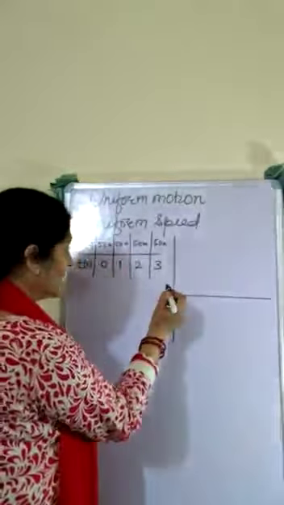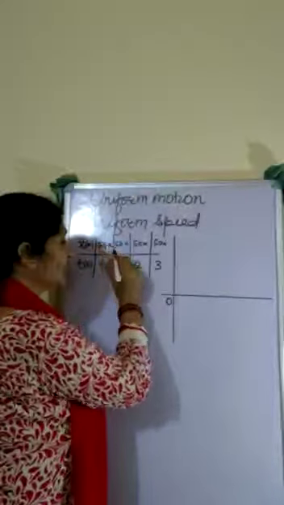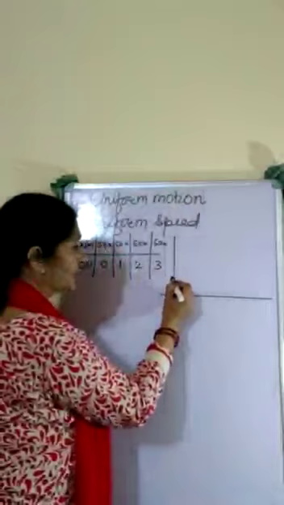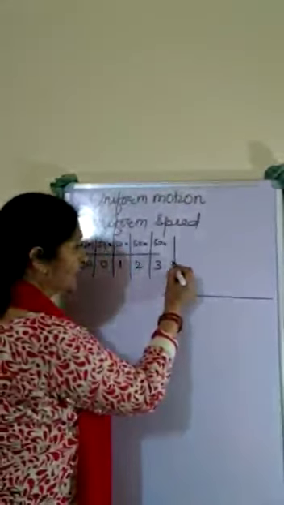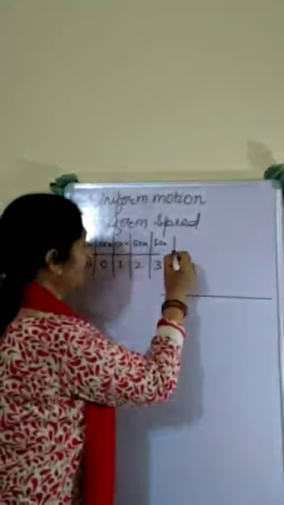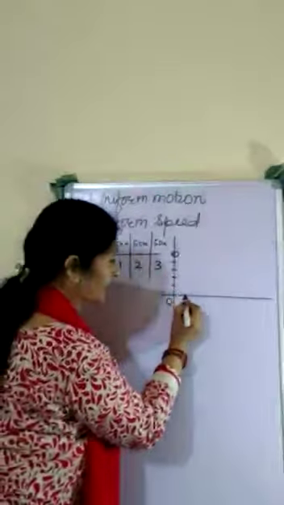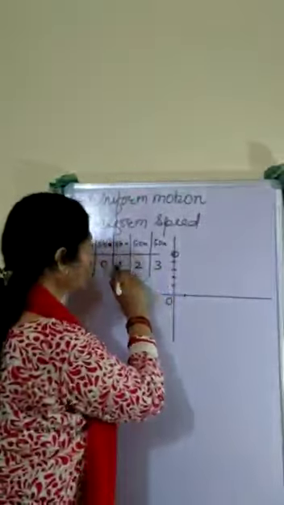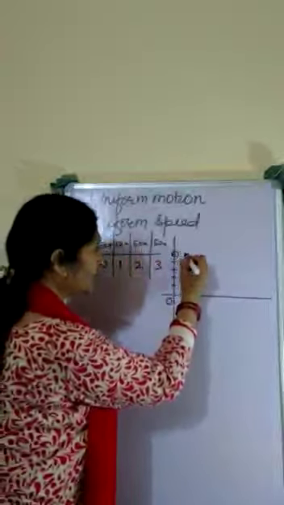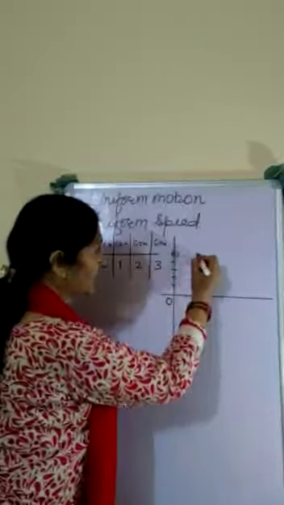Let us see. When the time is 0, the position is 50 meters. Suppose this is 1, 2, 3, 4, 5. The body is here. Now for 1 second, the position of the body is 50. At 2 seconds, the position of the body is again 50.